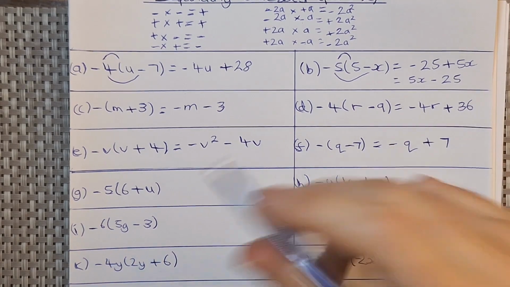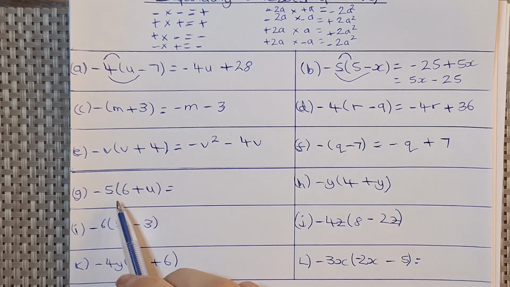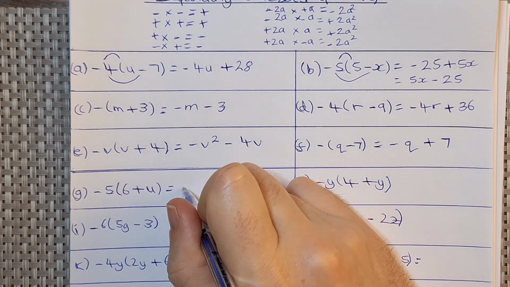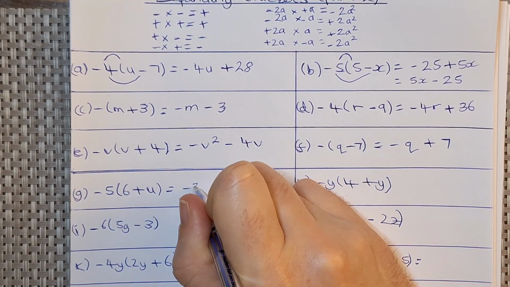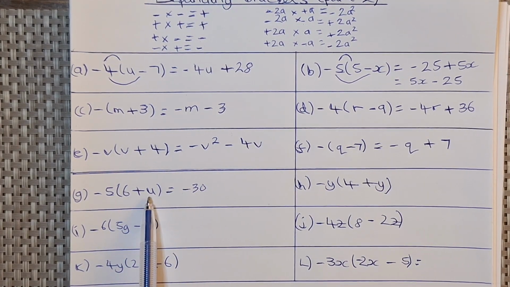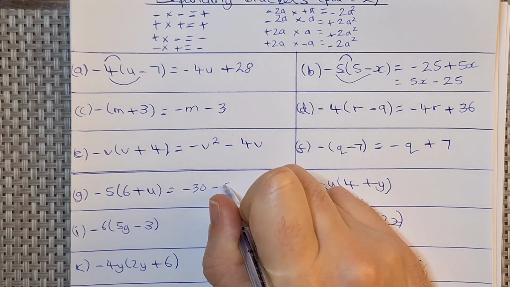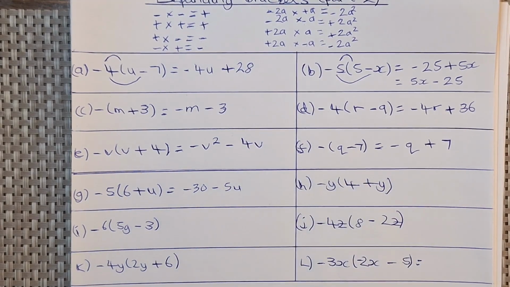Next question, minus 5 times 6, minus times positive, is minus 30, and minus 5 times positive u gives minus 5u.